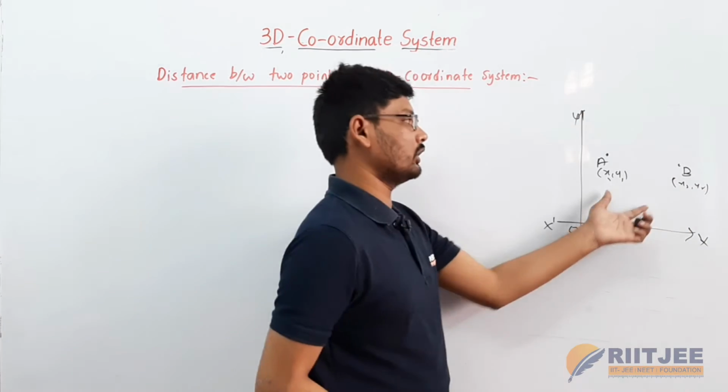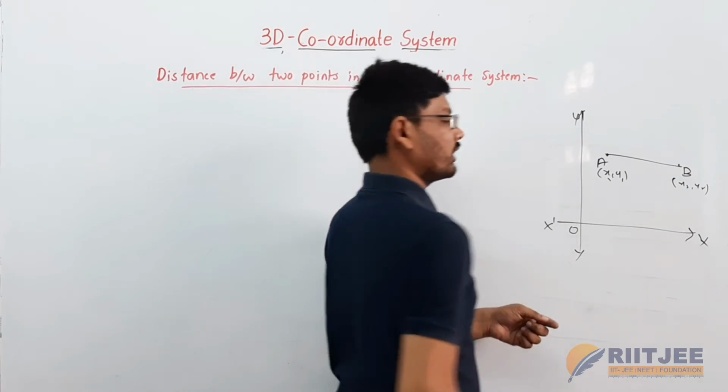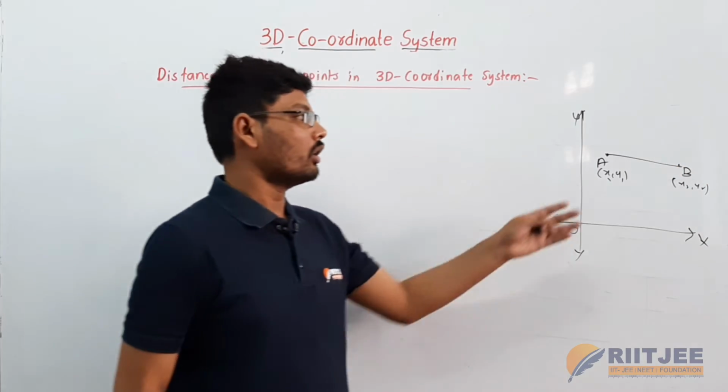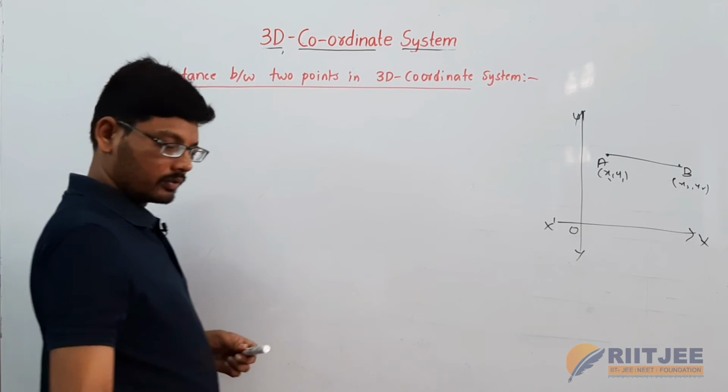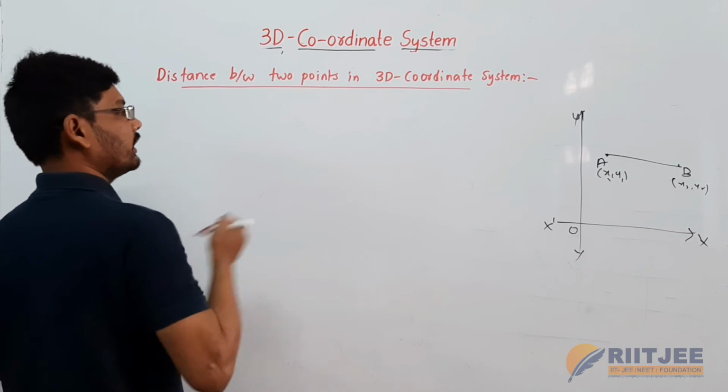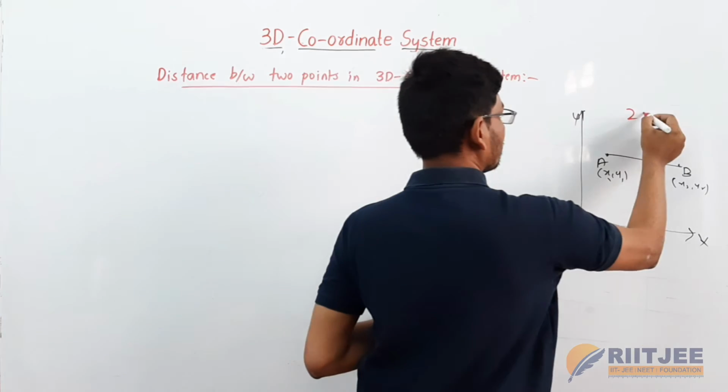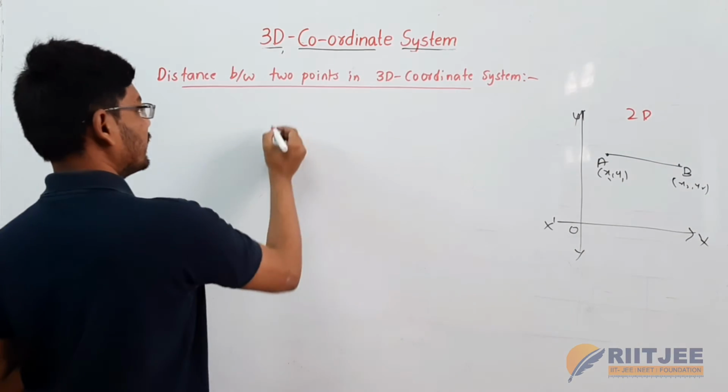The distance between these 2 points is the square root of y2 minus y1 whole square plus x2 minus x1 whole square. This is 2D. Now 3D here.